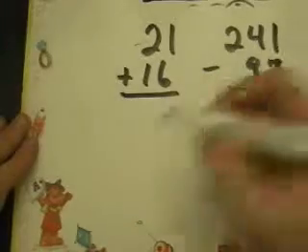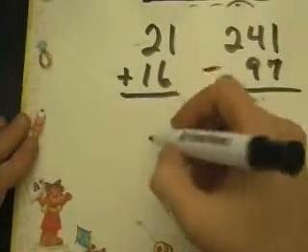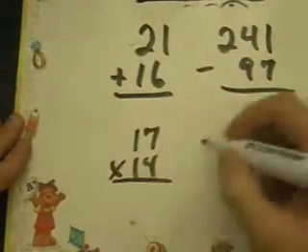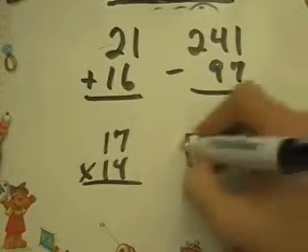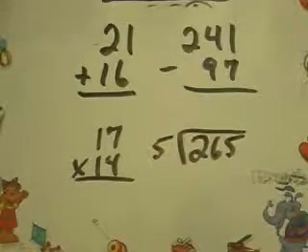We'll do multiplying and dividing as well. We'll do 17 times 14. And we will do 265 divided by, let's say, 5. There we go. We'll keep things nice and even.